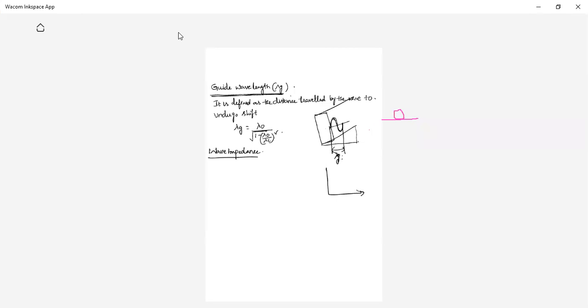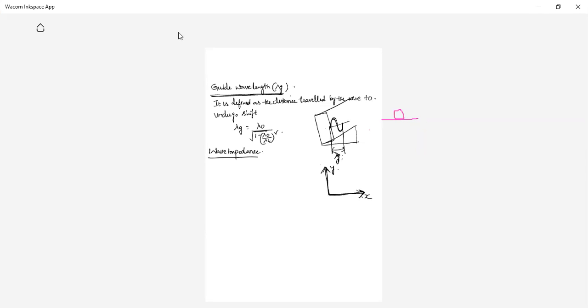The electric field is in the x direction, the magnetic field is in the y direction. These two are transverse in nature, transverse meaning 90 degrees. So wave impedance is the ratio of the strength of the electric field vector in one direction, that means the Ex direction, to the strength of the magnetic field vector in the transverse direction.